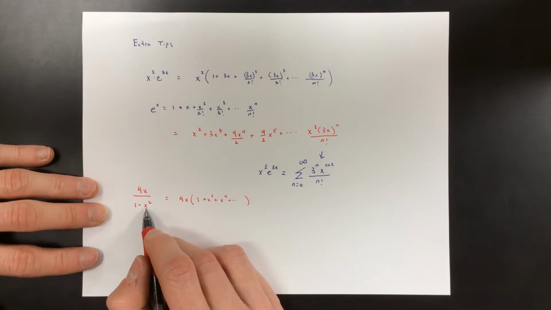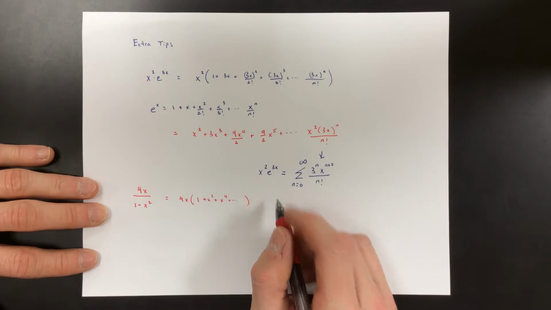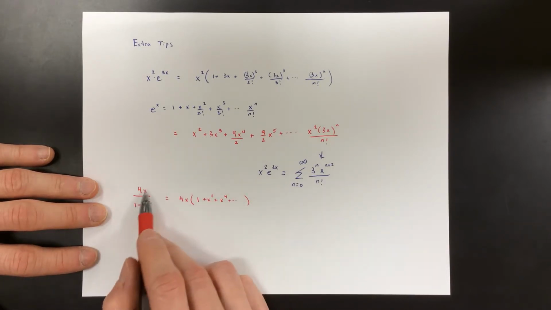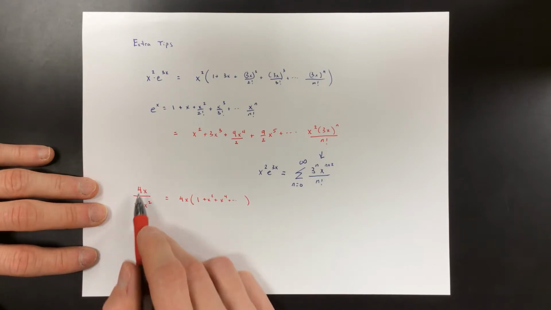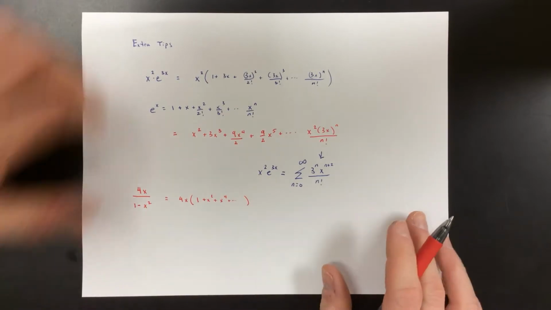This is just a geometric series with x squared instead of x. You can keep going through those things. They love to add things in. It doesn't make it any more difficult. There's no reason to include 4x in the expansion. 4x is already a polynomial, so you can set it aside.